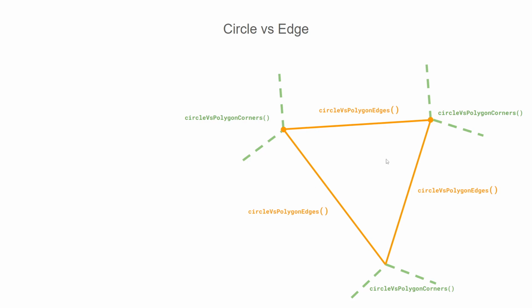We are doing this case here in one method, and also the circle versus polygon corners, we're going to do that in one method. So we're not going to call these ones 3 times like displayed here. I just want to show you in which areas we need to call which method, okay? All right.